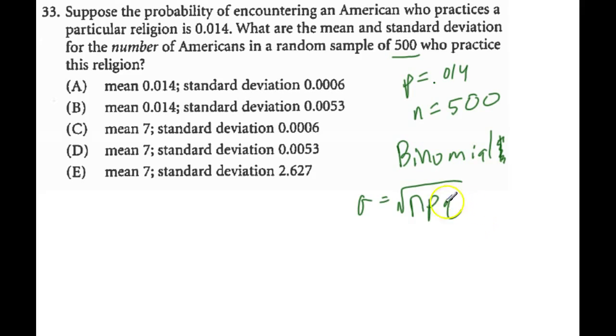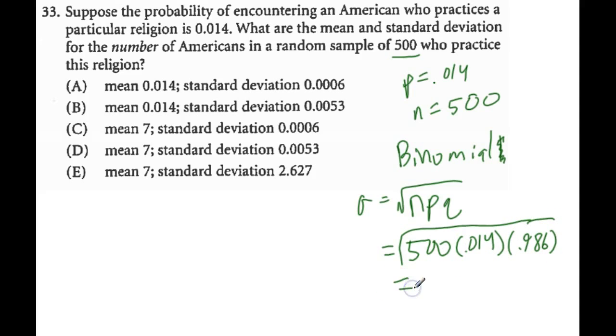So you would multiply N, which is 500, times P, which is 0.014. Q, also called 1 minus P, is the complement of that, 1 minus 0.014, or 0.986.